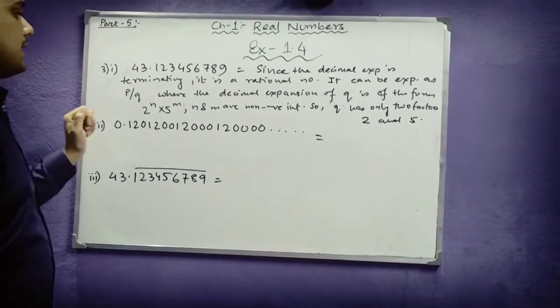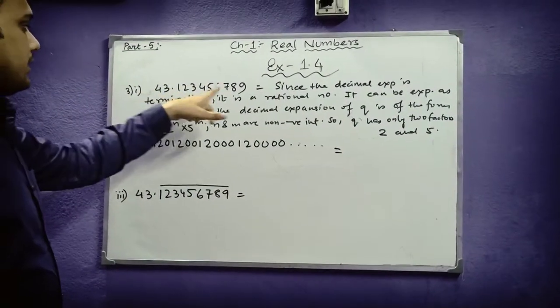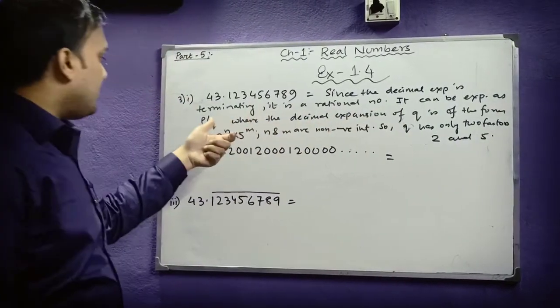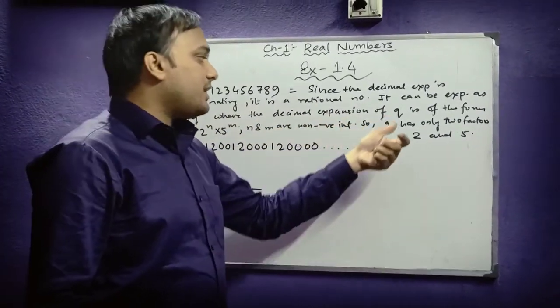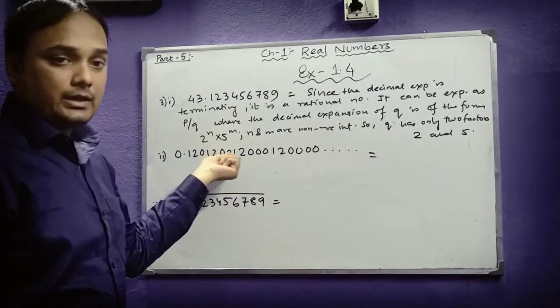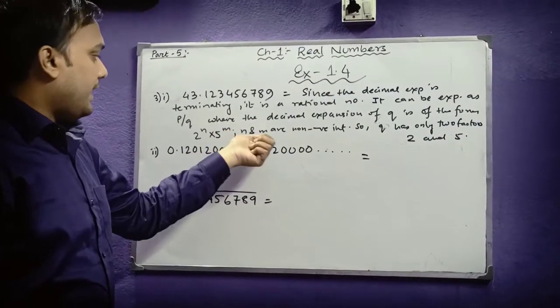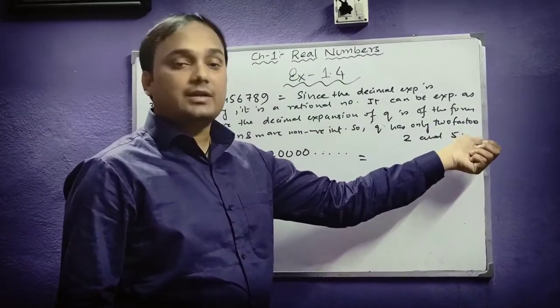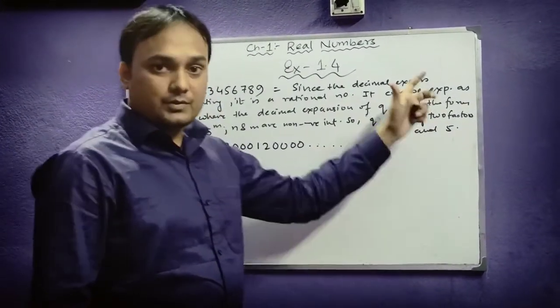So we can see that it is terminating, so it's a rational number and it can be expressed in P by Q form, where Q has a decimal expansion of the form 2 to the power n into 5 to the power m, where n and m are non-negative integers and Q has only 2 factors, 2 and 5. So this is our complete answer.